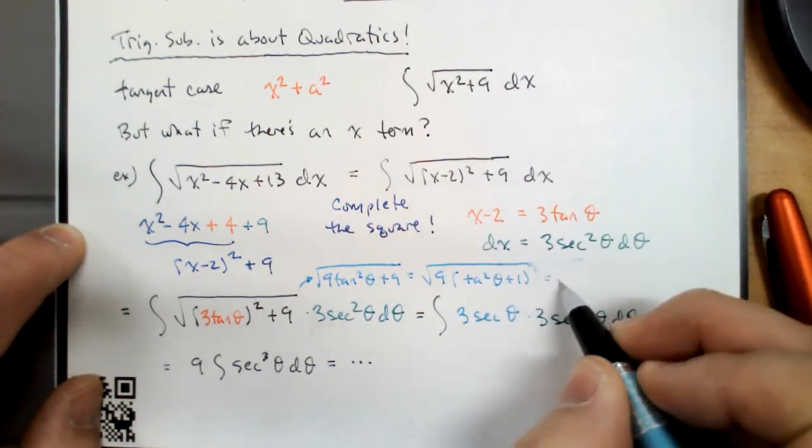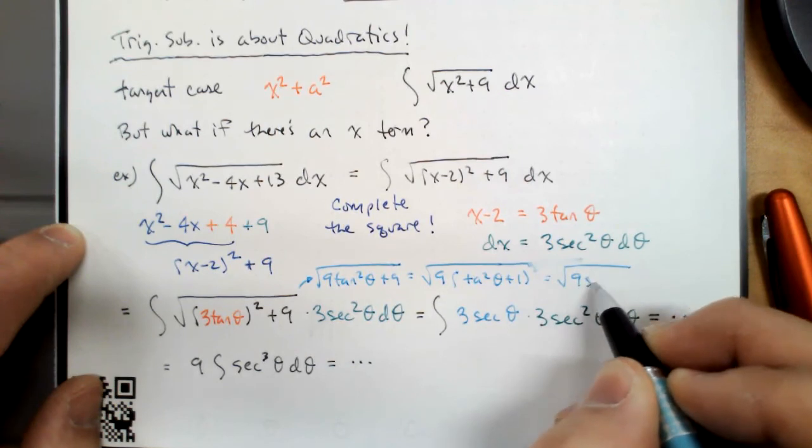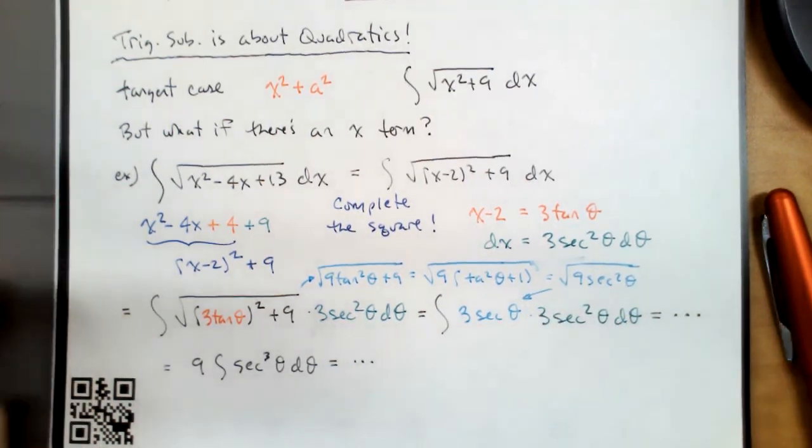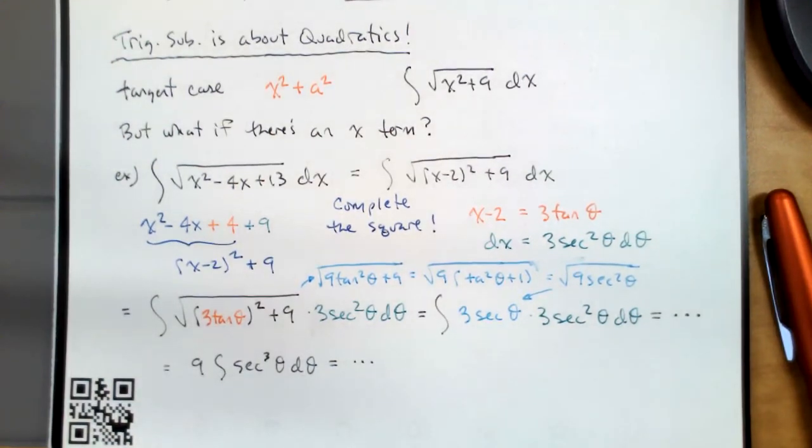And so that'll be the square root of 9 secant squared theta. That's the trig sub maneuver. That's the third piece that gets us into our theta integral.